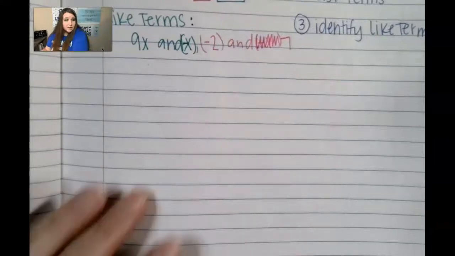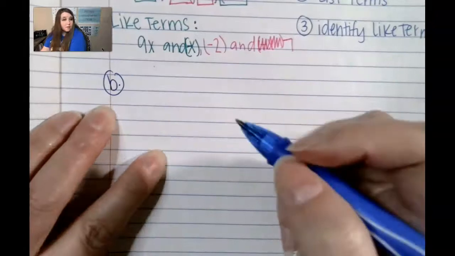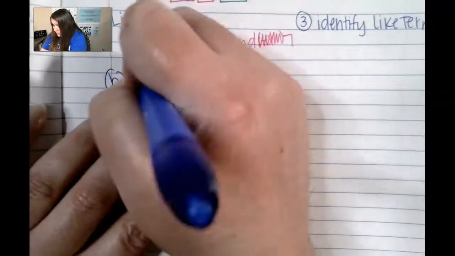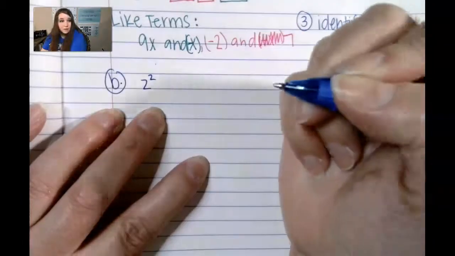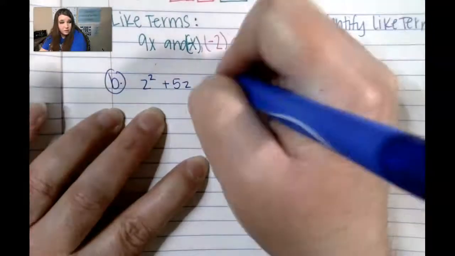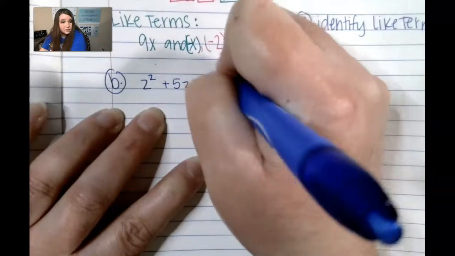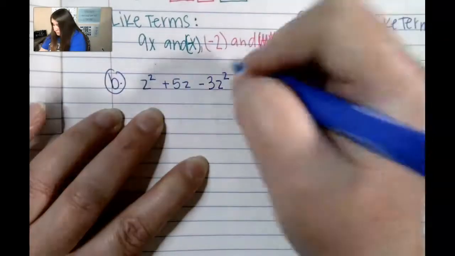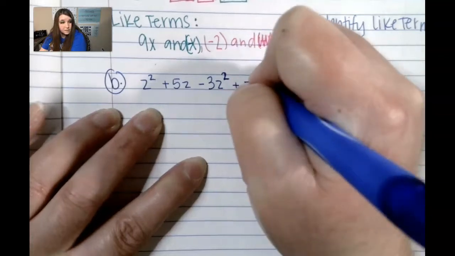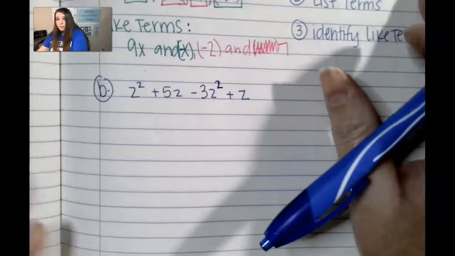All right, so example B. Okay, in example B, the expression that they give you looks like this. You have z squared, plus we have 5z. We have minus 3z squared. And we have plus z. Okay, our first step is to rewrite as sum of terms.